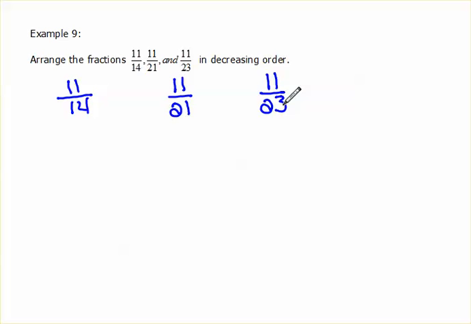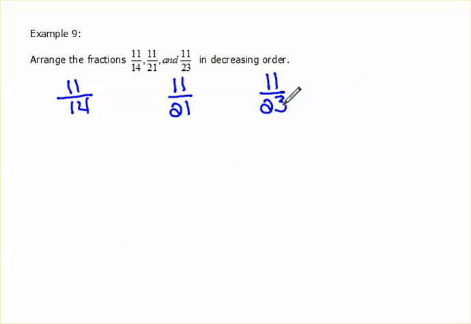23 times 2 would be 46, and that's not divisible by 21. 23 times 3 would be 69, and that's not divisible by 21. 23 times 4 would be 92, and that's not divisible by 21. 23 times 5 would be 115, and that's not divisible by 21.